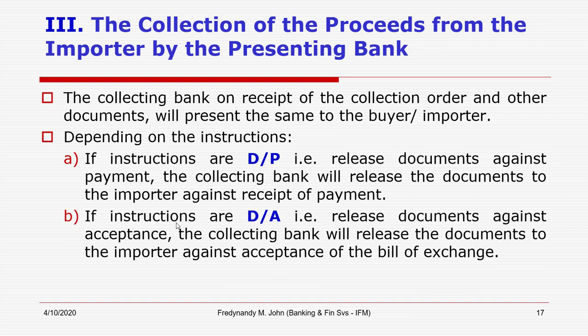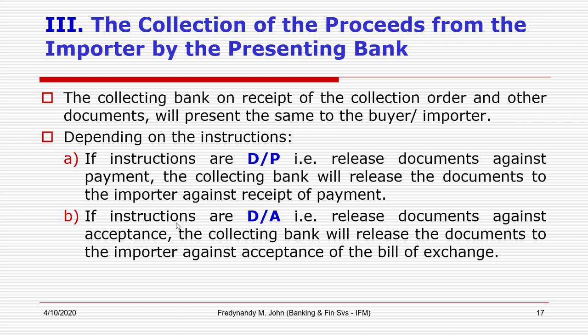But if the instructions are for the document against acceptance, here it will require the banker to release documents only if the importer comes over and accepts the bill of exchange.